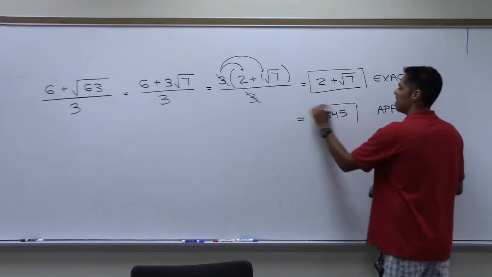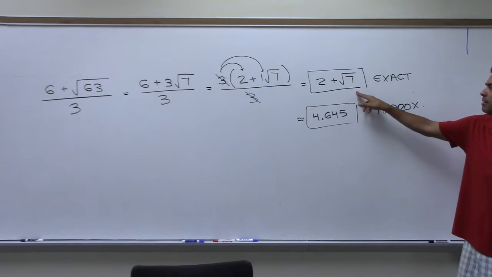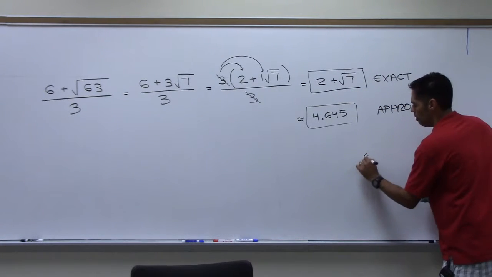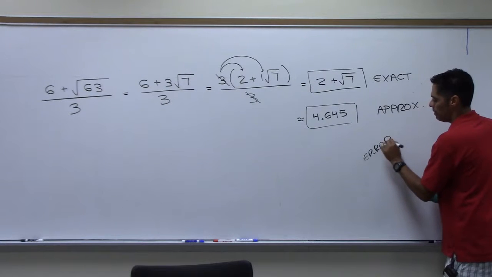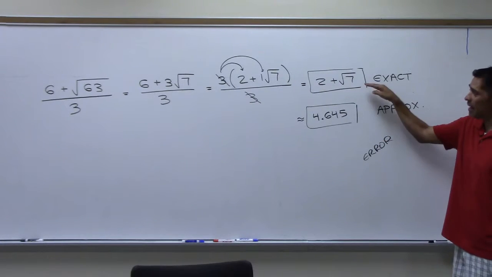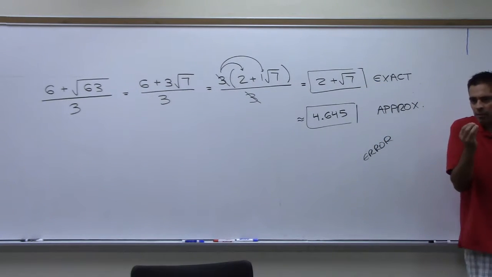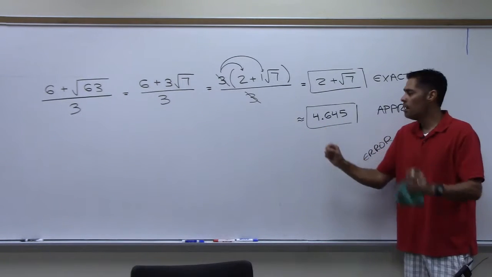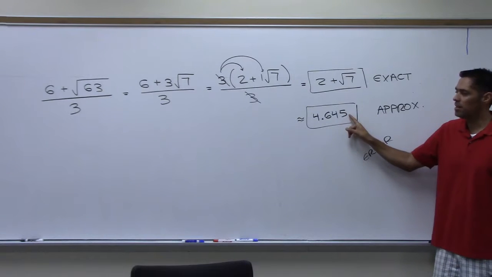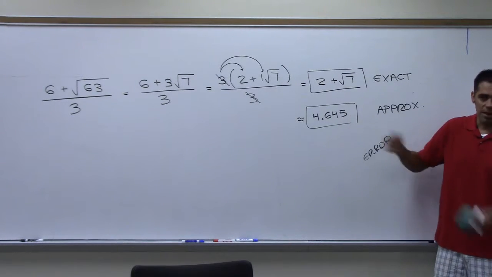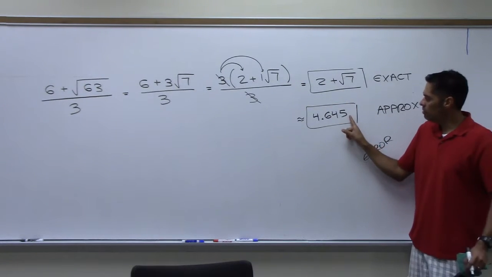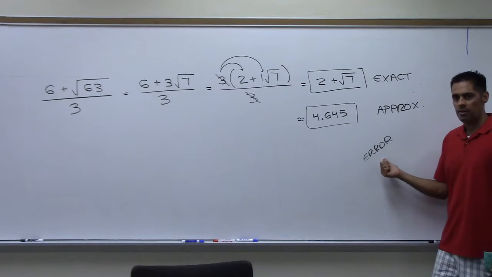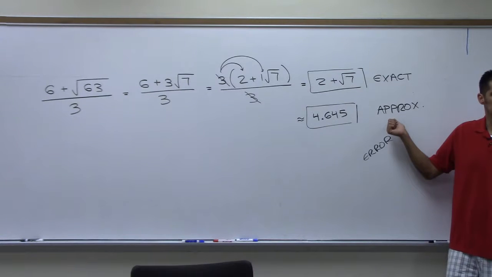We call this the exact answer because it's the answer with no errors at all, right? There's no error in this answer. That's exactly the answer. Now, if you want to have a feel for what that number is numerically, like so you could graph it or something, then you need at some point to cut these decimal points off because your calculator keeps going, right? So once we cut it off, we've created error. And so we call it an approximate answer.